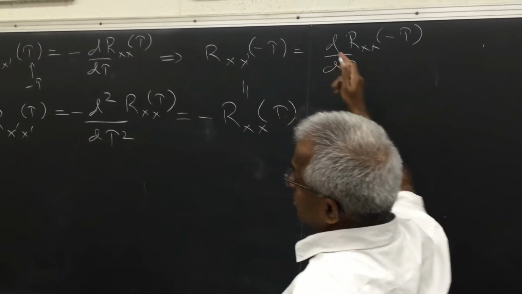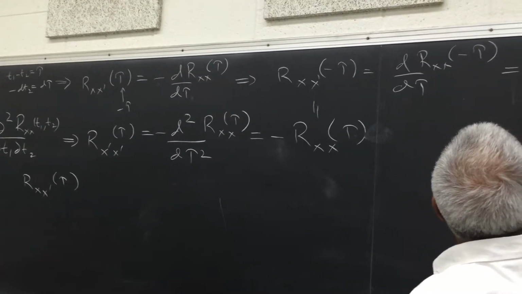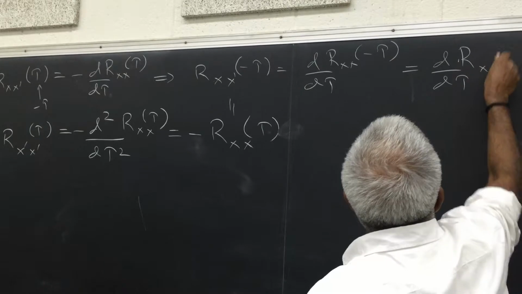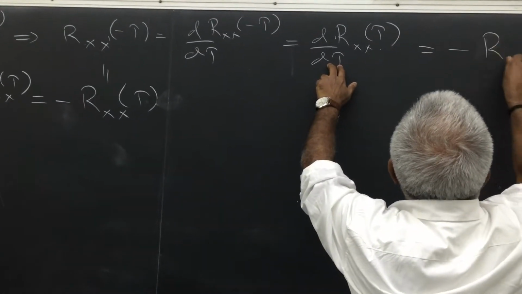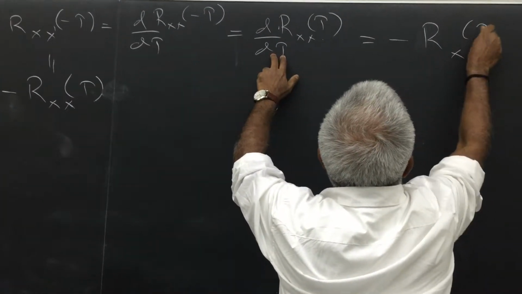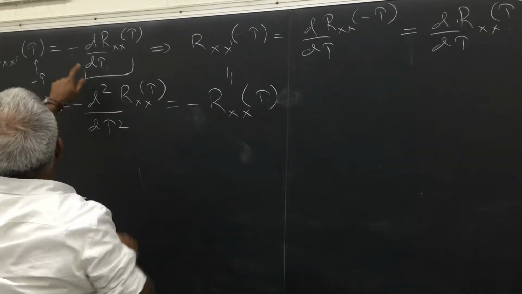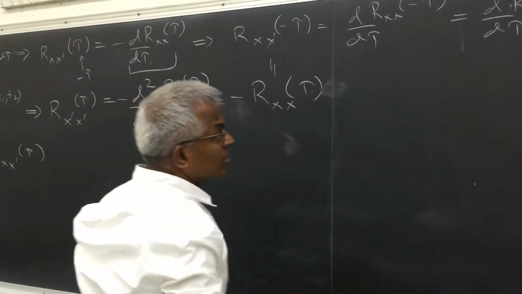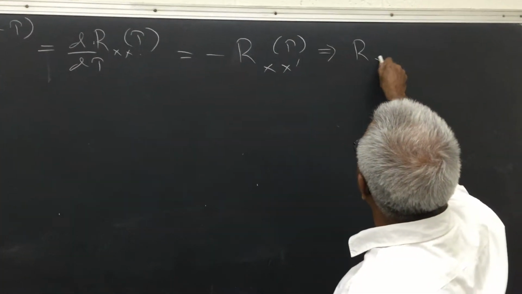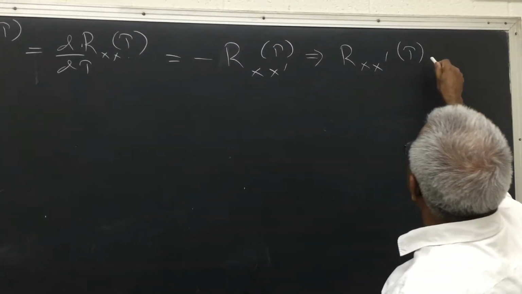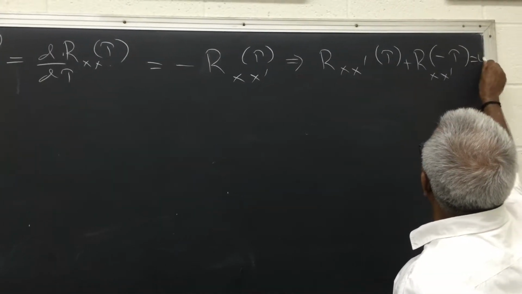If the process is a real process, then this is the same as R_xx(tau). On the other hand, this is minus of R_xx'(tau), because this expression is just minus of that. So from here you have R_xx'(tau) plus R_xx'(-tau) is 0.